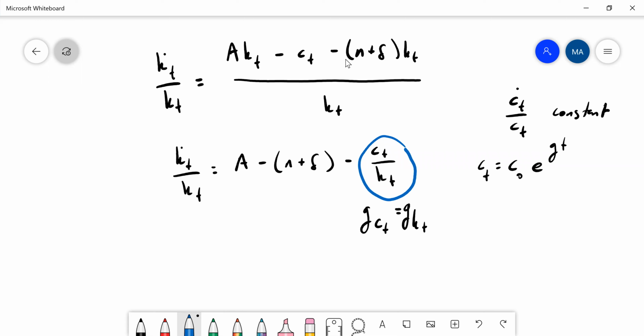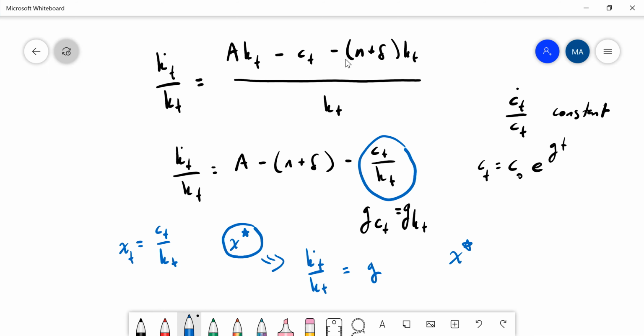Well, you can define a new variable, x t, as this ratio. Then there is a particular x star that would equate K dot T over K T to g. Then you find this x star.